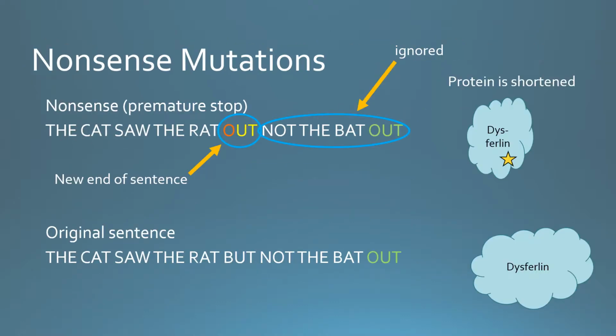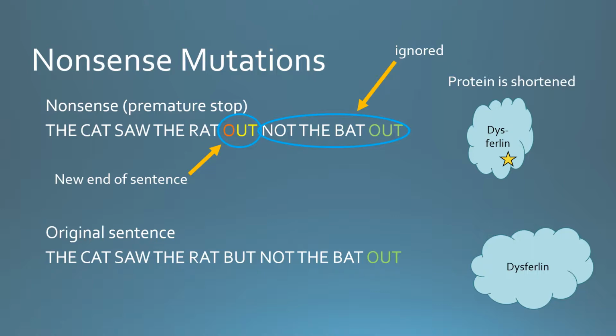Okay, the first type of mutation that I'm going to describe is what's called a nonsense mutation. And it turns out in genetics, it has a completely different meaning than what you probably think nonsense means. You normally think of it as something that has no meaning whatsoever.